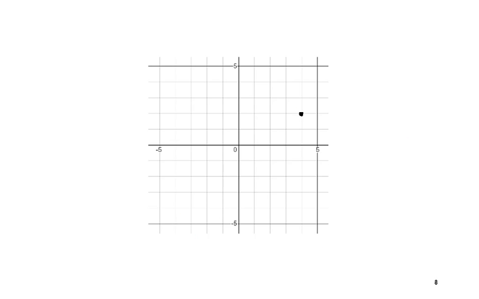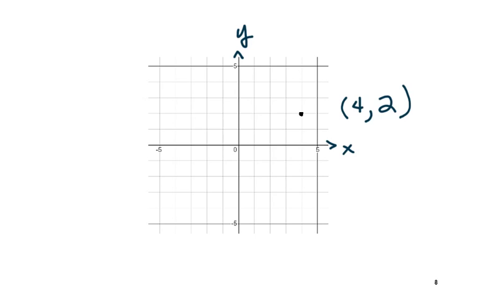Before we get into how we reflect a function, let's just reflect a point and understand what we're doing. So if we have the point 4, 2, we go over the x-axis 4 points and up 2. That's what that point is. Let's say we want to reflect across the x-axis.